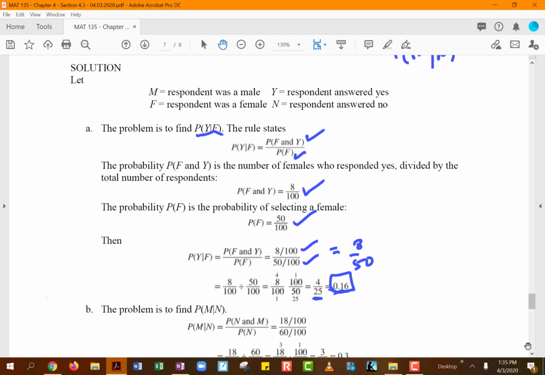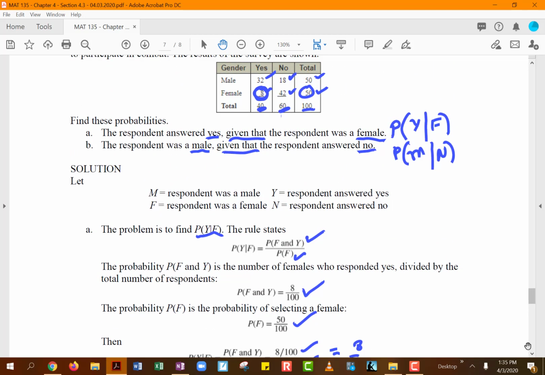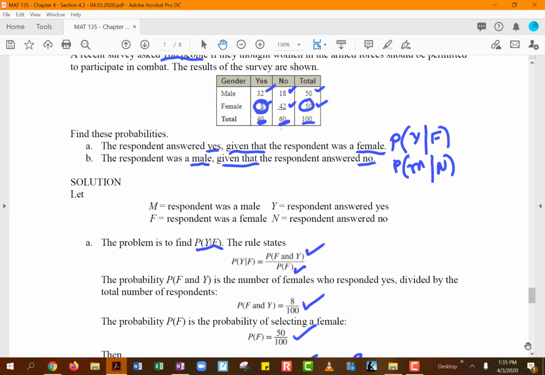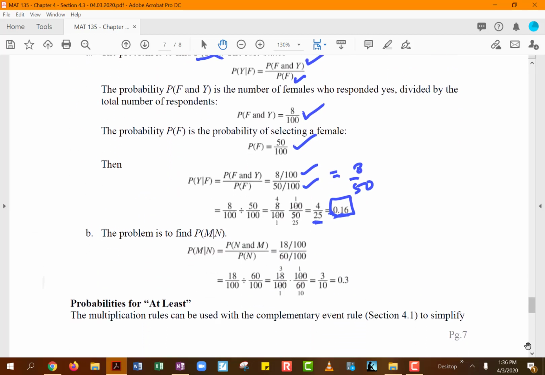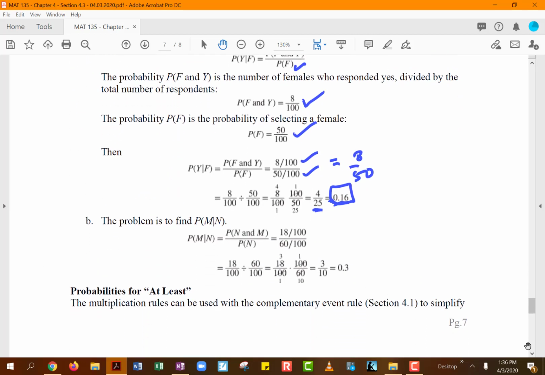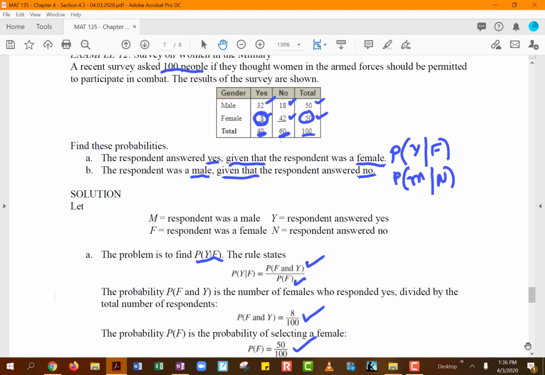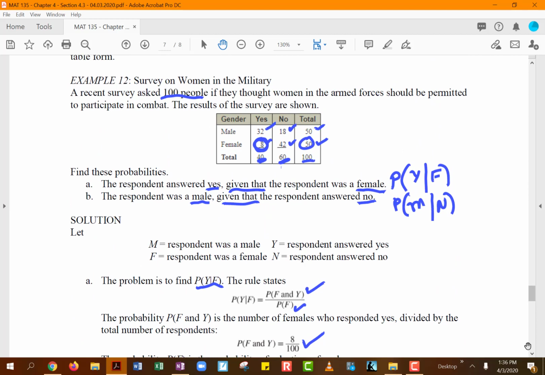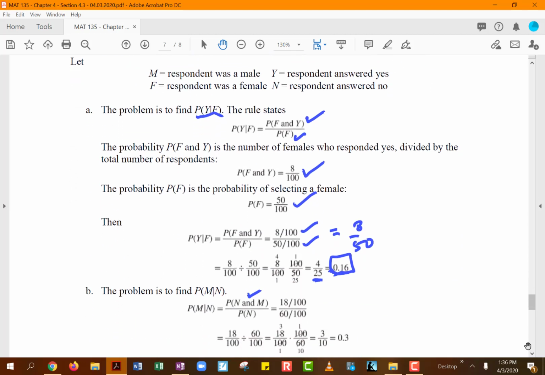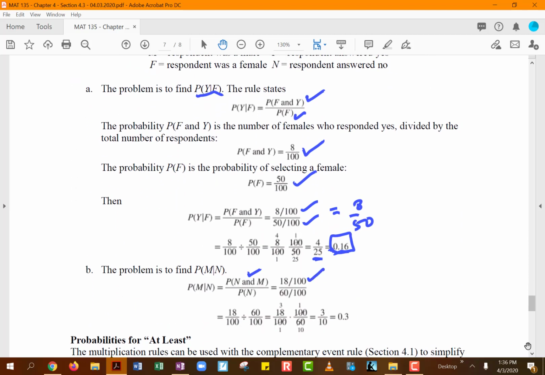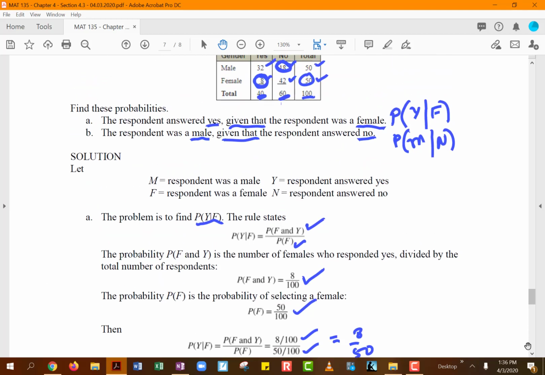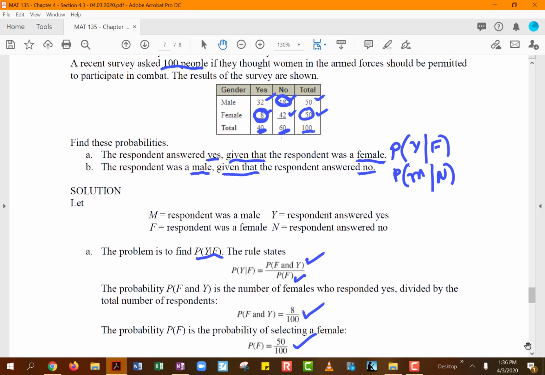Okay. Part B was talking about what's the probability that they were male, given that they said no. So of course you have to find the probability that they said no and they were male. So they said no and they were male is this one right here. So that would be for both male and no, which is 18. So that's 18 over a total of 100 people. And then how many no's did we have?